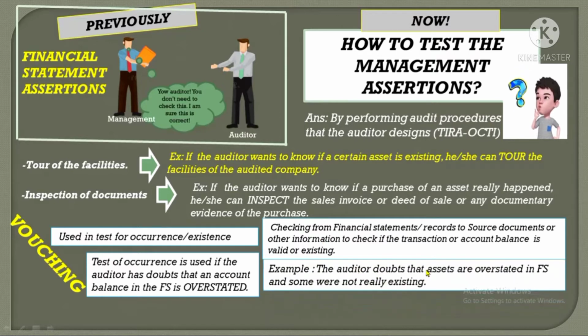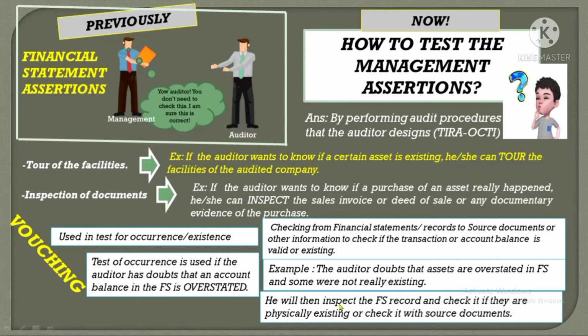Example, the auditor doubts that assets are overstated in the financial statements and that some of them were not really existing. So what will happen? If you are the auditor, you can inspect the FS record and check if they are physically existing, or check if there are source documents evidencing ownership.